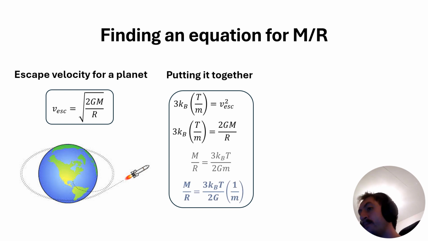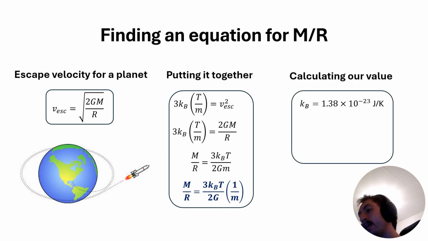And now if we just do a bit of rearranging, we end up with our bottom equation in blue, where I pulled out the factors, if you like, and we can see from this equation that the ratio of the mass of our exoplanet to its radius is proportional to 1 divided by the mass of a molecule that has just the right mass to have a speed equal to the escape velocity, and therefore can just about escape the planet's atmosphere.